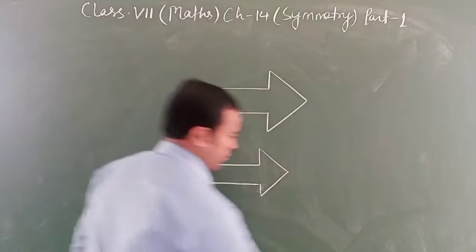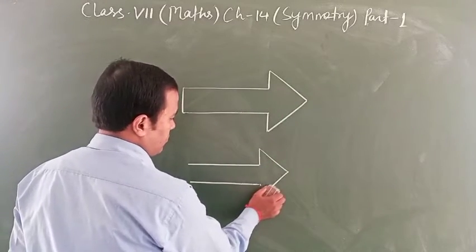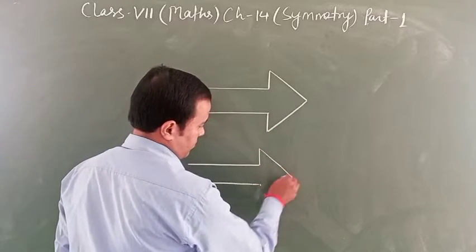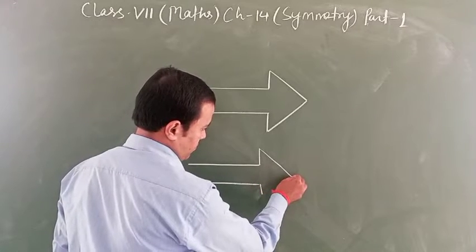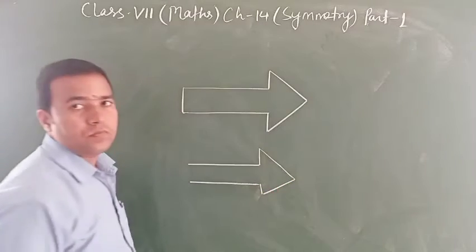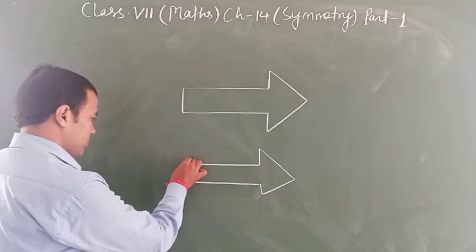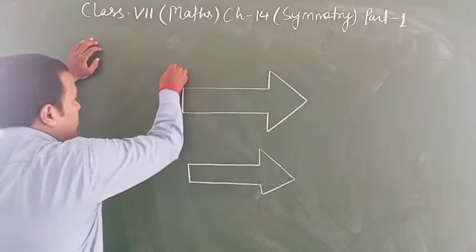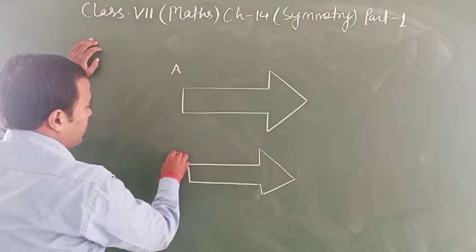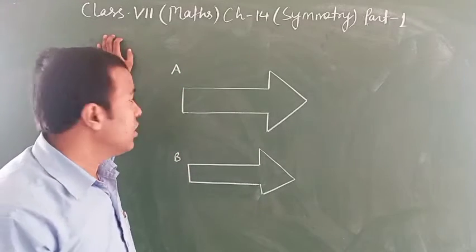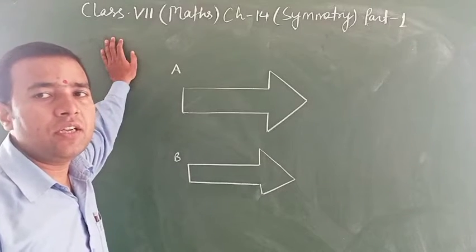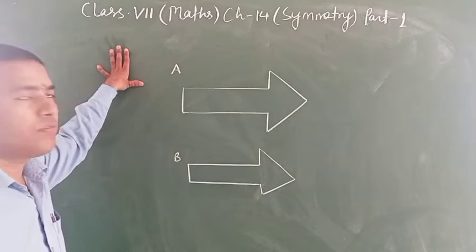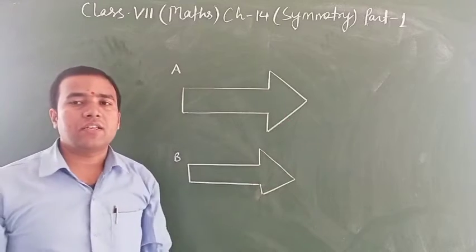It is an arrow A, and this is an arrow B. So I told you the meaning of symmetry: the quality of being made up of exactly similar parts facing each other or around an axis.